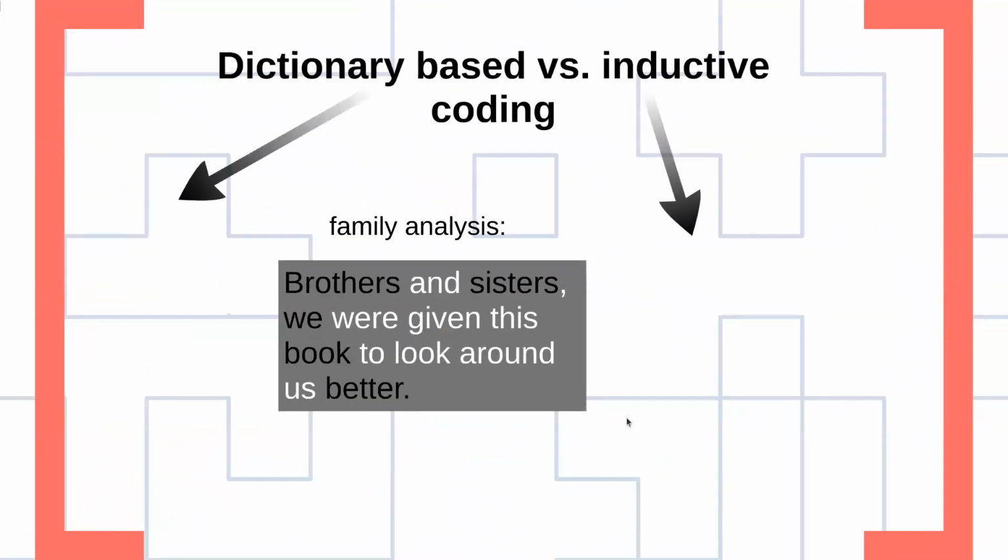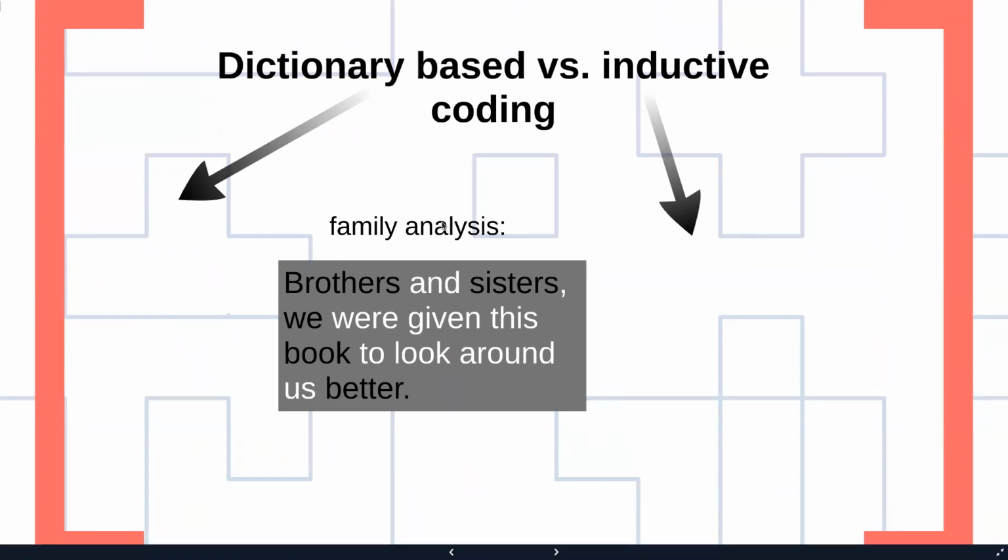So these are two types of coding, and to show you the difference and related problems, we have an example of family analysis. We are analyzing the phenomenon of family, and we got this sentence in our data: "Brothers and sisters, we were given this book to look around us better."